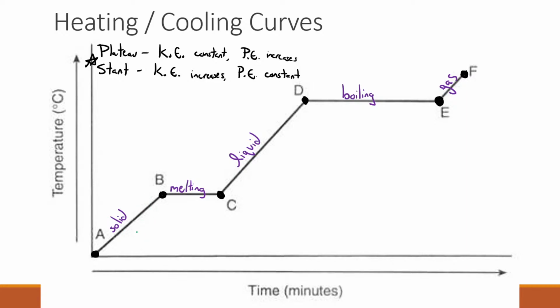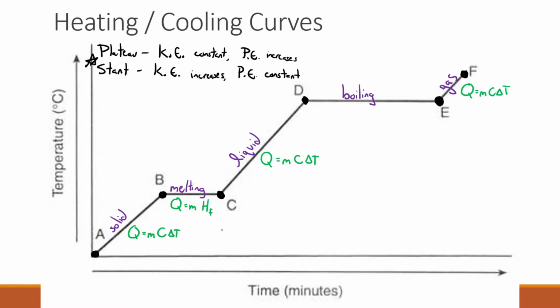So for the slants, we're going to see the same formula used every time. Q equals mc delta T. And on the plateaus, on the flat parts, we're going to see very similar formulas to each other.